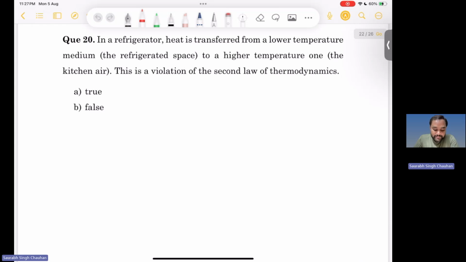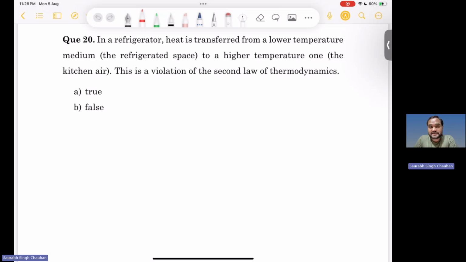Question number 20 says: in a refrigerator, heat is transferred from a lower temperature medium, that is the refrigerated space, to a higher temperature one, that is the kitchen air. Is this a violation of the second law of thermodynamics?